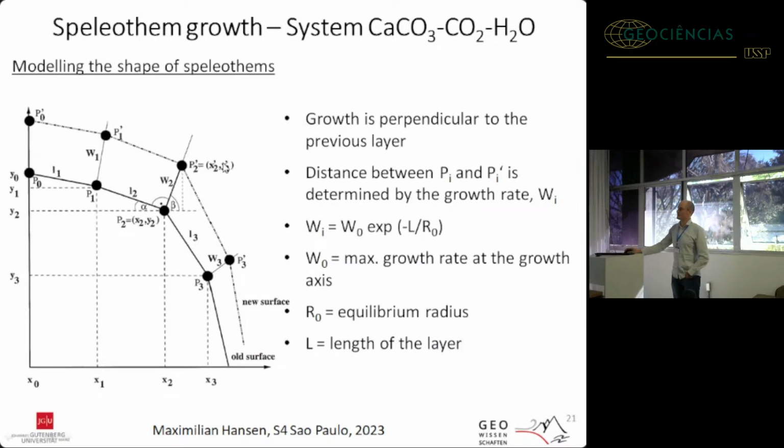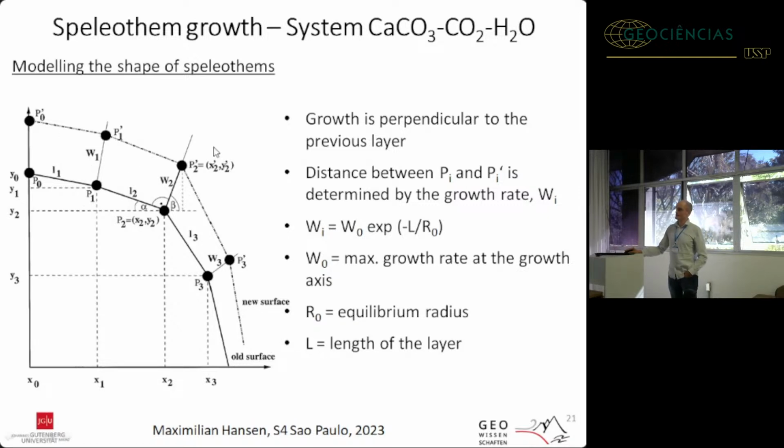This is a paper from Kaufmann in 2003, I guess. So the growth is perpendicular to the previous layer. They divided it into different boxes, and you have growth perpendicular to the previous layer, and the distance between these two points is determined by the growth rate.